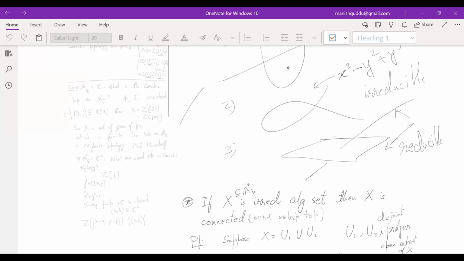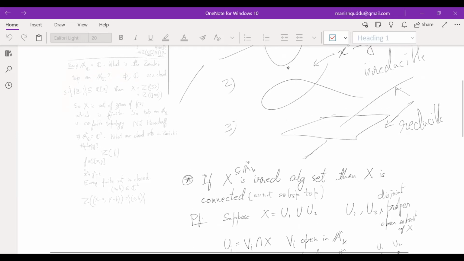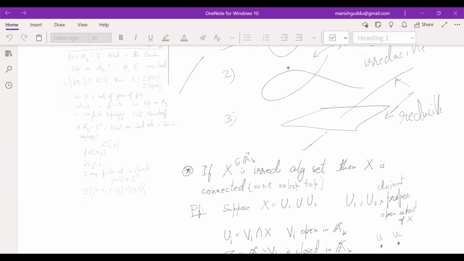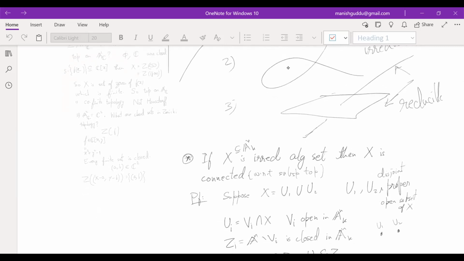It has two components, but it is irreducible, though not connected in the classical topology. In Zariski topology, connectedness is a bit painful to look at visually.